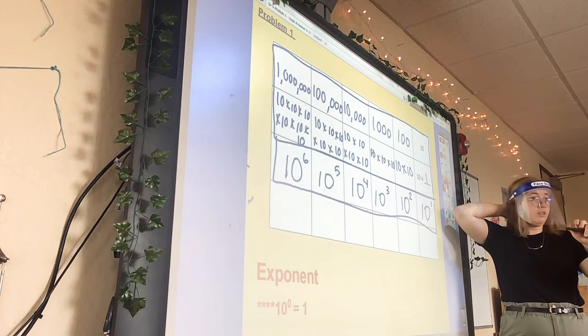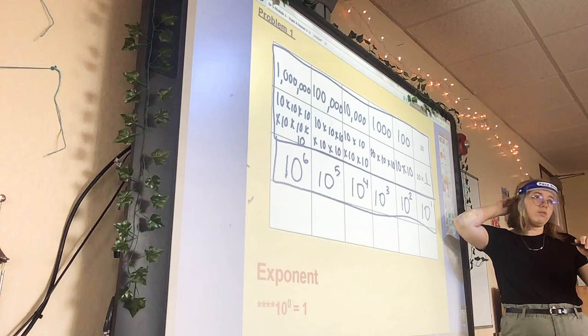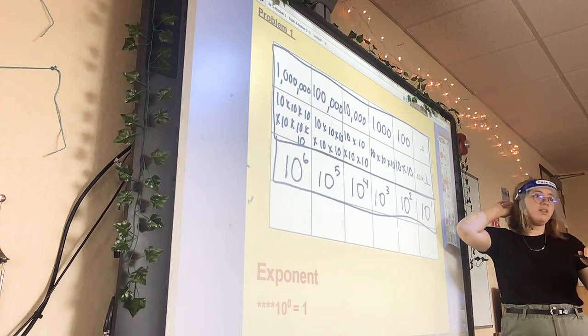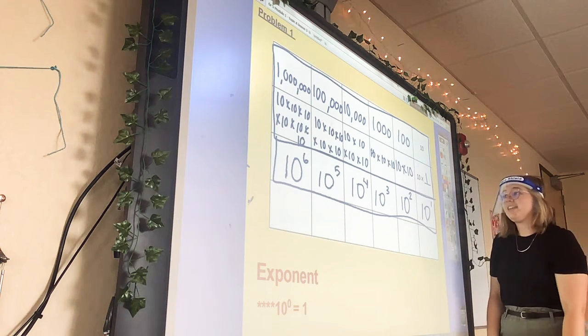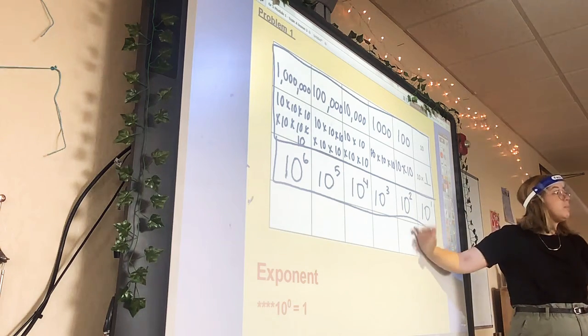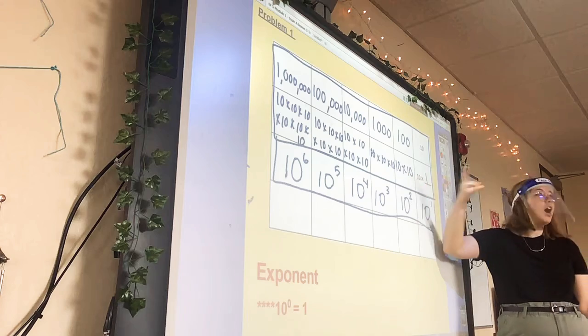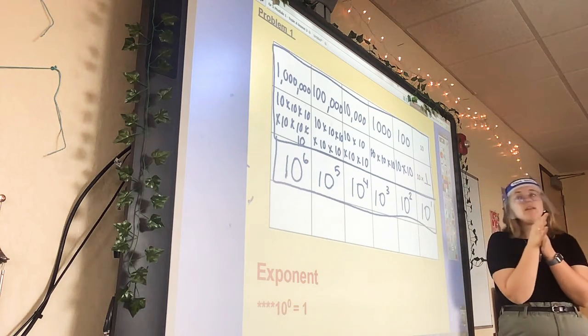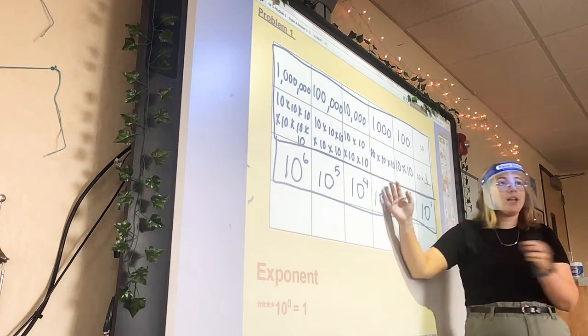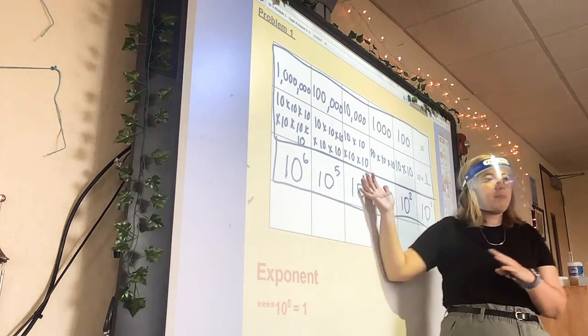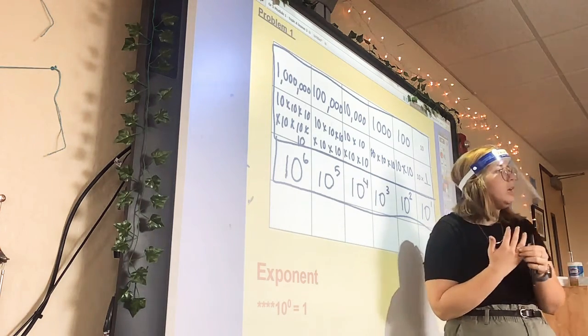It's kind of like 10 and 10 2 times. Yes, exactly. So it's 10 multiplied by itself twice, right? 2 copies of 10 multiplied together. This is 3 copies of 10 multiplied together. 4 copies of 10 multiplied together, right?